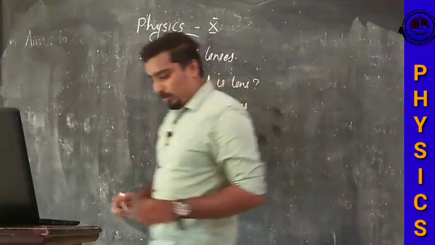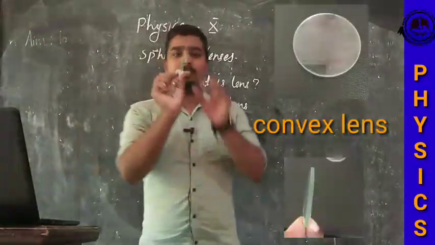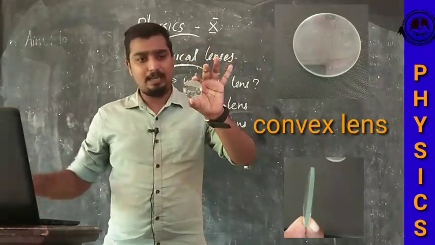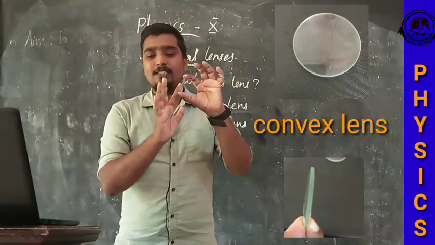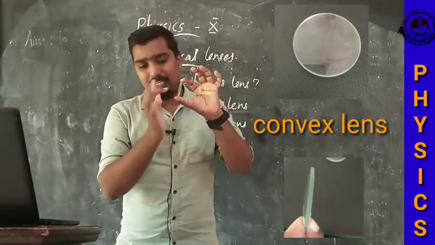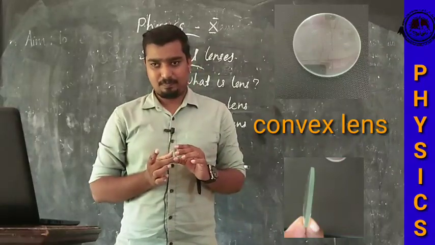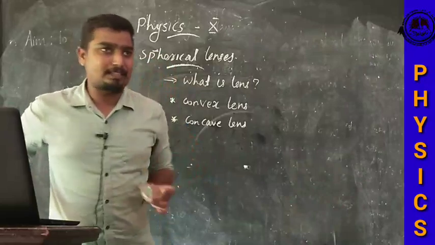Okay, I am showing you the concave and the convex lens. Here, this is a convex lens, having a spherical surface, and it is a transparent medium. This type of lens is called a convex lens, like this.